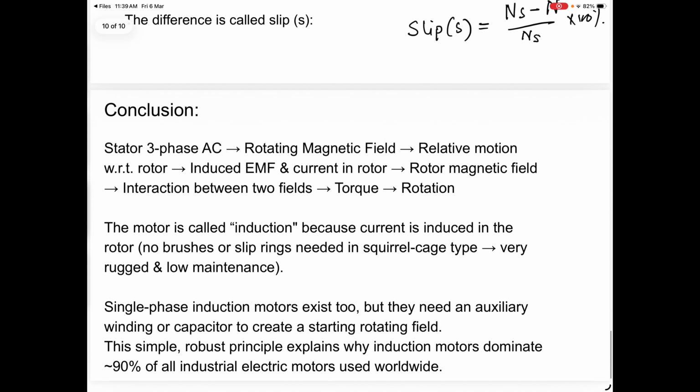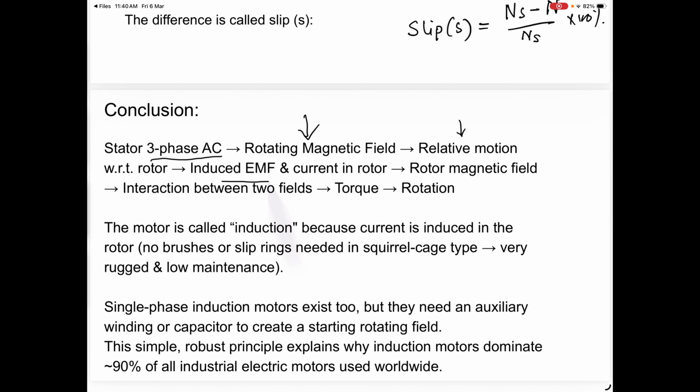So in conclusion, what I want to say is, in the stator a three-phase AC supply is given. Because of this, a rotating magnetic field is produced, and as the rotating magnetic field is produced, we can see relative motion with respect to the rotor.